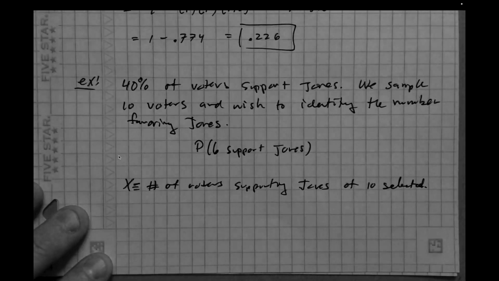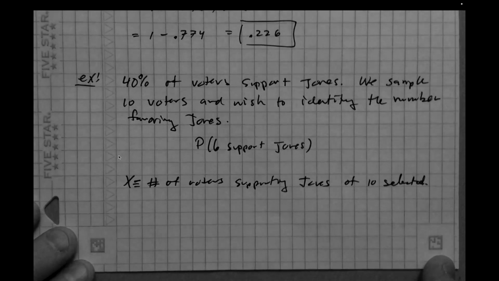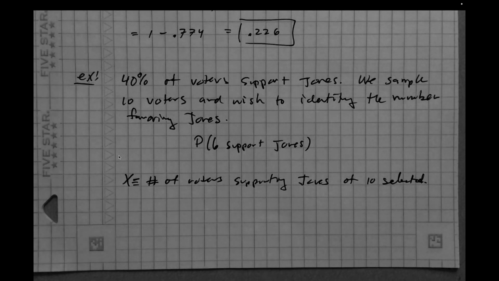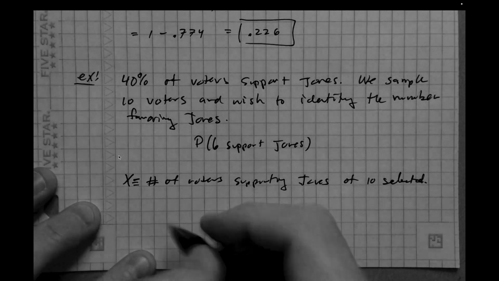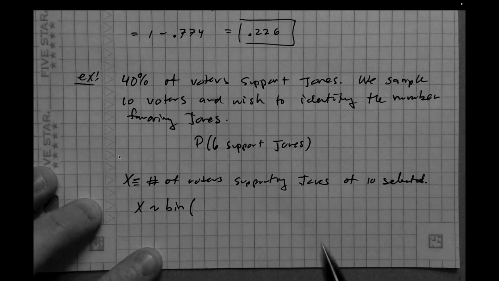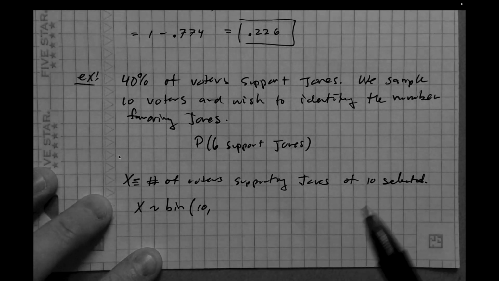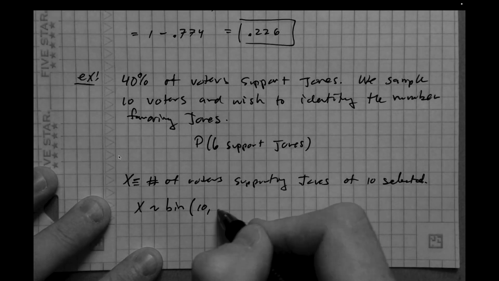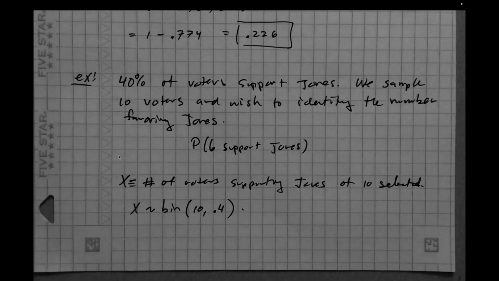So we sample 10 and we let X denote the number of voters from that 10 that support Jones. And so X would be binomial, and N is 10 and the probability of supporting Jones is 40%, so 0.4. All right, so N is 10 and P is 0.4.